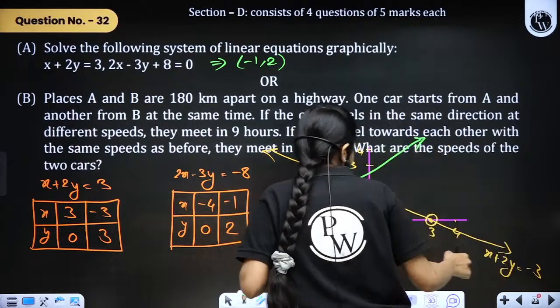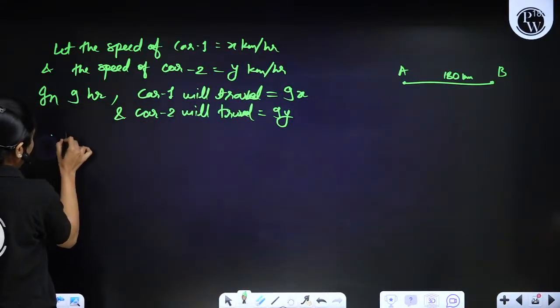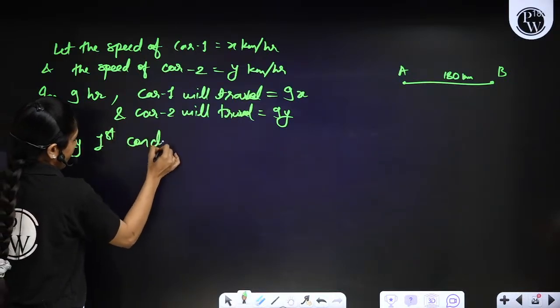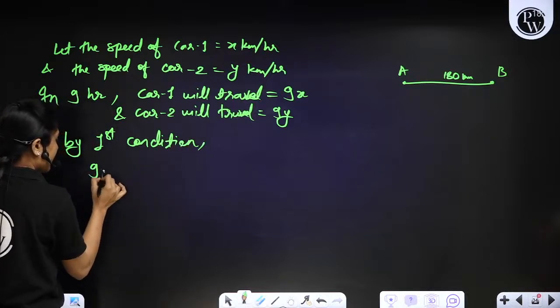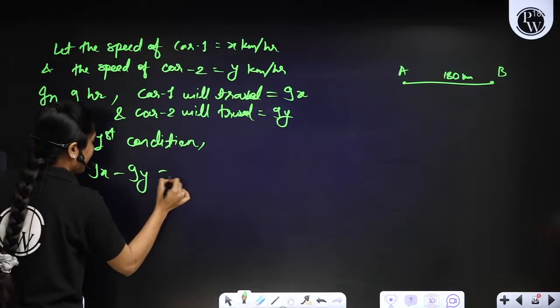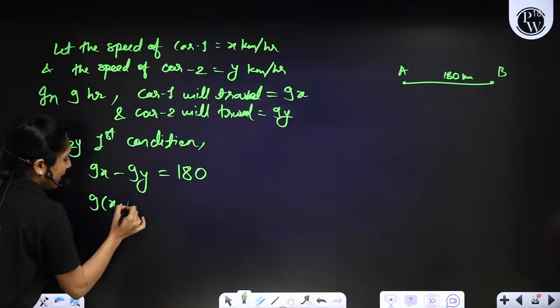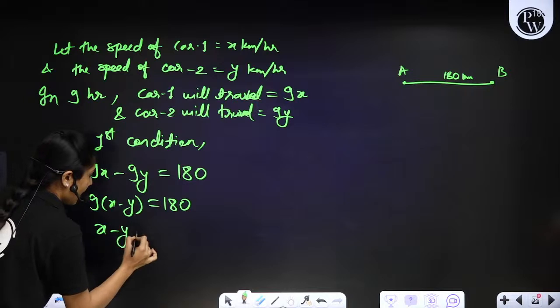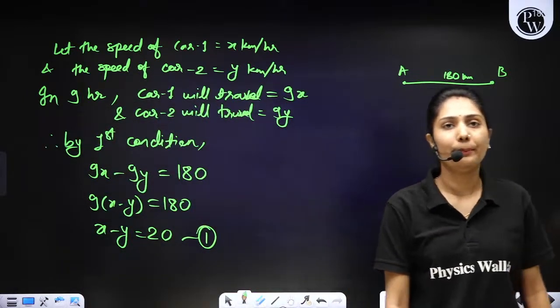So from this given condition, I can say, therefore by first condition, 9x minus 9y is equals to 180, correct? So x minus y is equals to 20. This is our equation number 1.